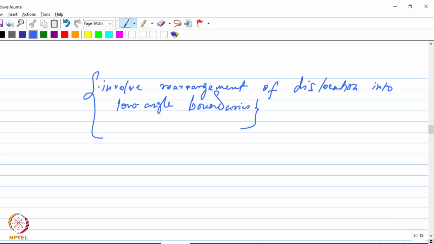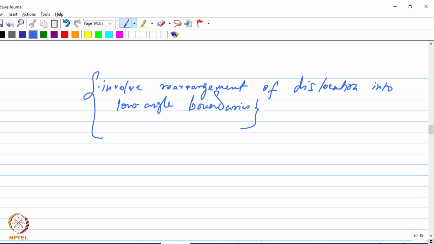In order for the misorientation to increase, more and more dislocations have to come and join these boundaries. Dislocations have to accumulate along these boundaries, and you would also need some lattice rotation in order to increase the misorientation further, so that these low angle grain boundaries can develop into high angle grain boundaries, and you can form the recrystallized grains.